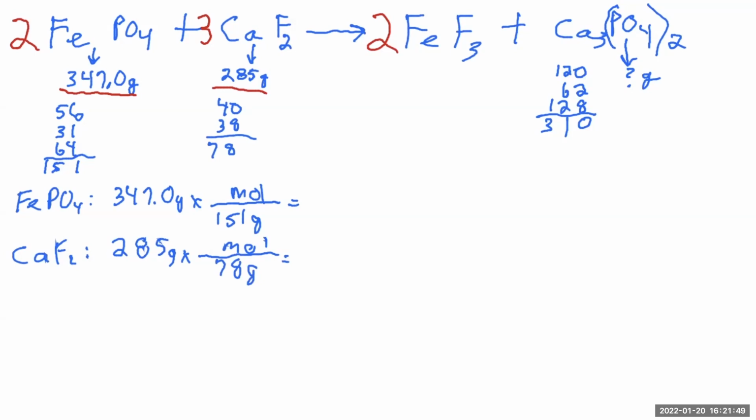So we determine the moles of each of the starting compounds that we have, and then we're going to compare them to the ratio in the chemical formula and determine which one's going to run out first. So we have 347 divided by 151. That equals 2.298.